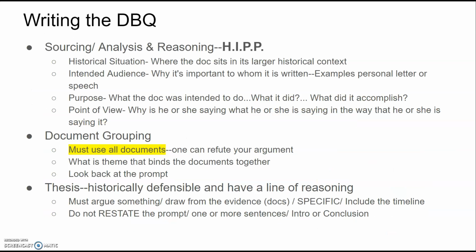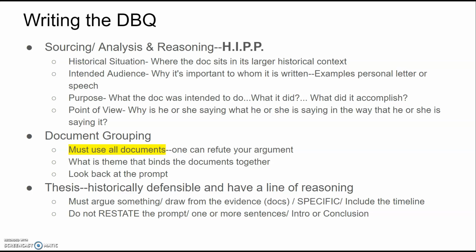All right. The next thing, the sourcing, the analysis, and the reasoning. That is the HIP that I showed you prior to it. And so basically when you're thinking about the HIP, the historical situation, where the document sits in its larger historical context, basically what you're saying is historically, what is the interpretation of this document?